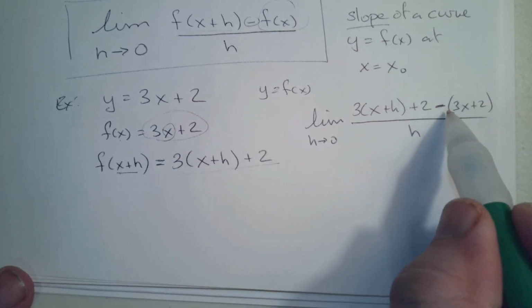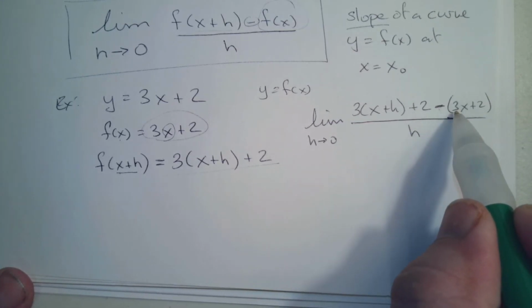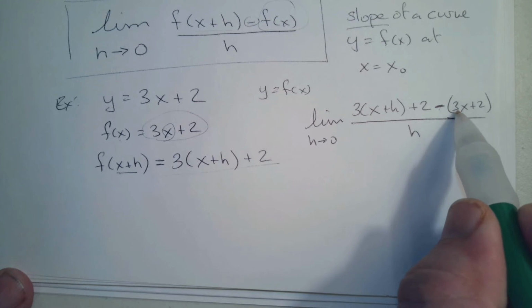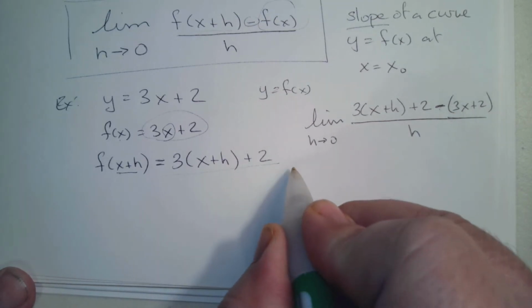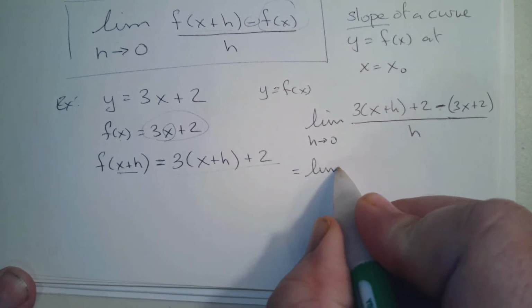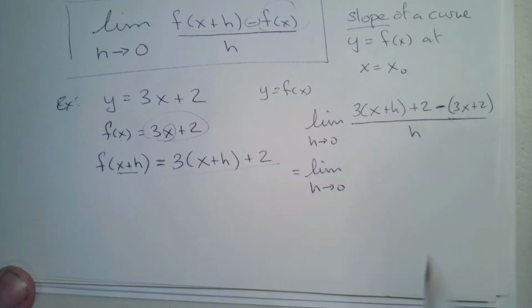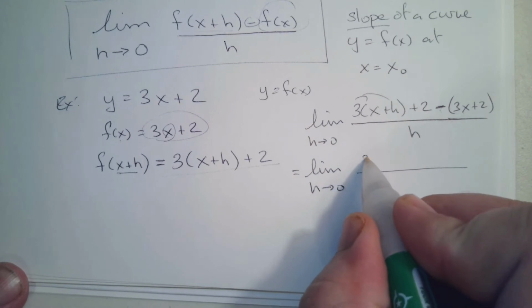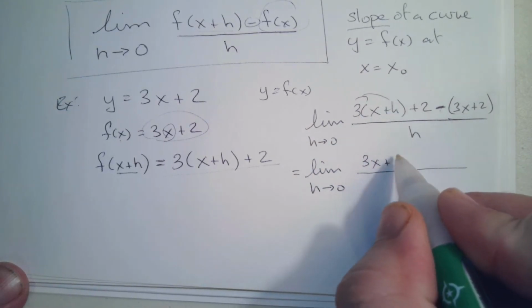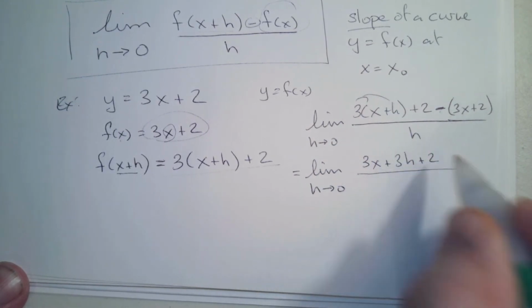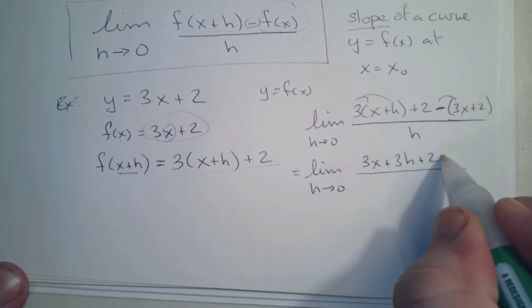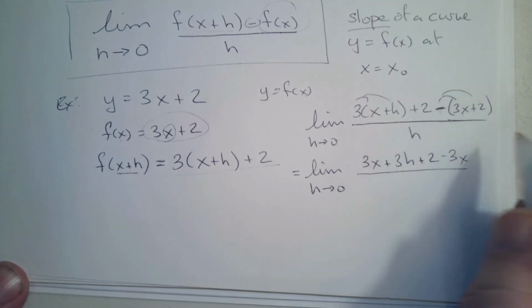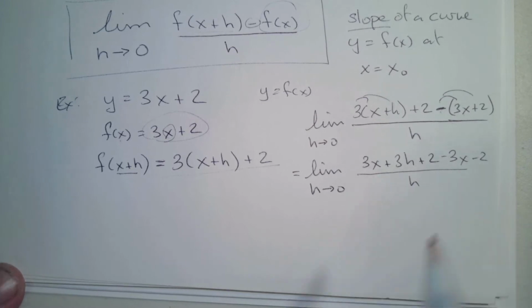Because if you don't put it in parentheses, the only thing that this negative does is change that 3x. It has to change everybody's sign. All right, so let's get rid of the parentheses. We have 3x plus 3h plus 2 minus 3x minus 2 over h.